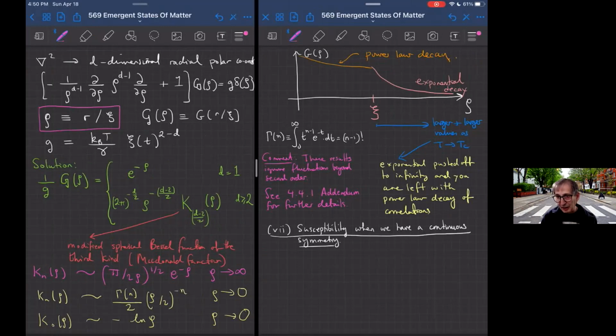That's something that you may find surprising, and it is surprising and requires explanation. In the printed notes, that's section 4.4.1, the addendum. And if people want, later on, I can go over how to do that, or maybe in an office hour, and explain that for you. Okay, so now let's talk about the susceptibility tensor.